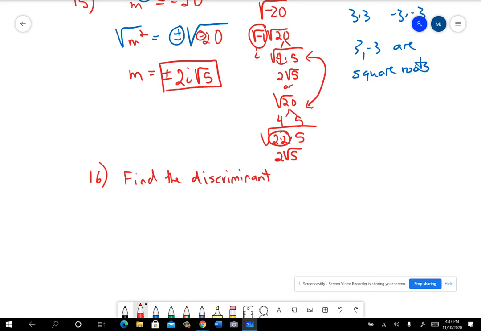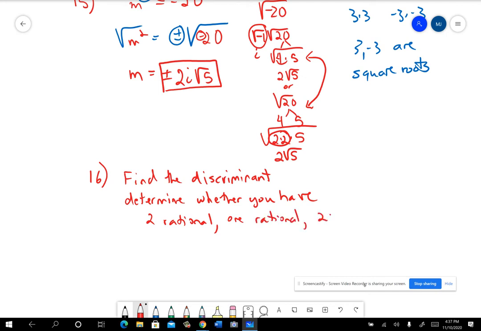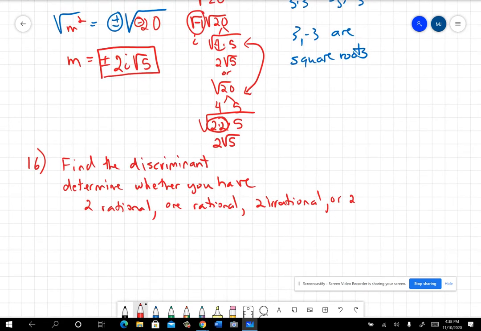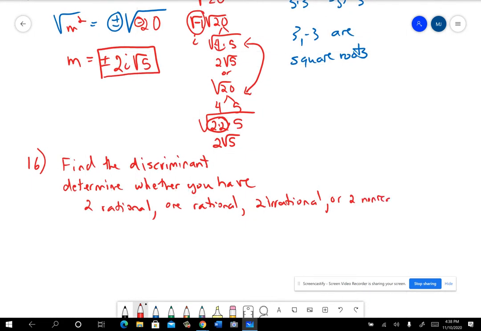Determine whether you have, and the choices were 2 rational, then it said 1 rational, then it said 2 irrational, or 2 non-real complex solutions. All right, that right there means imaginary.